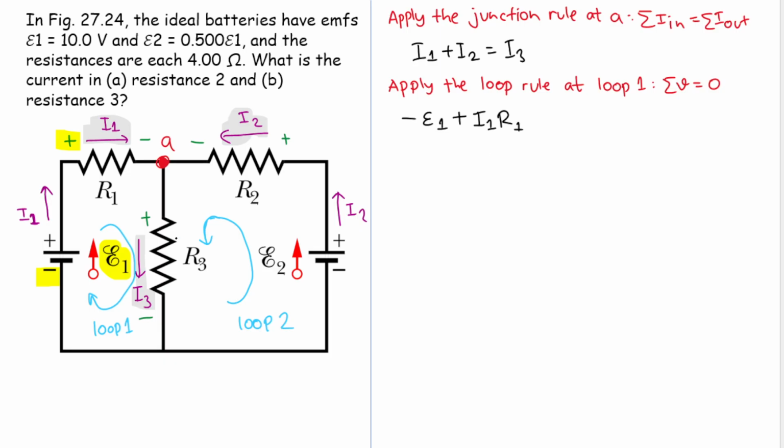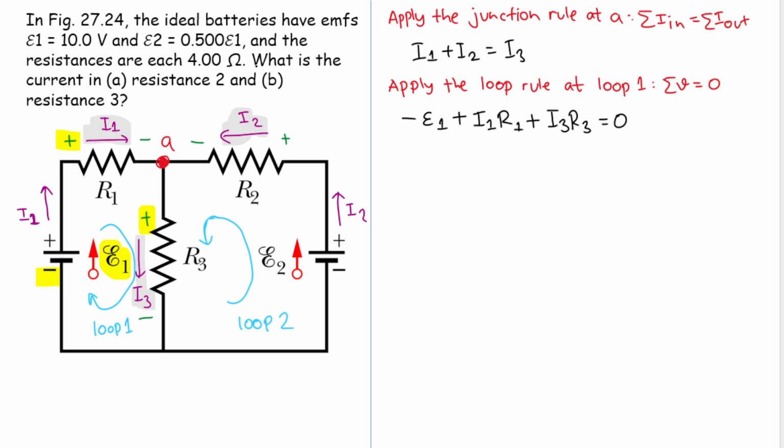Now let's go down here, and the loop enters from the positive terminal, so our sign will be positive again. To get the voltage, we multiply the current and resistance, so I'll have I3 multiplied by R3. And all of that will equal 0.